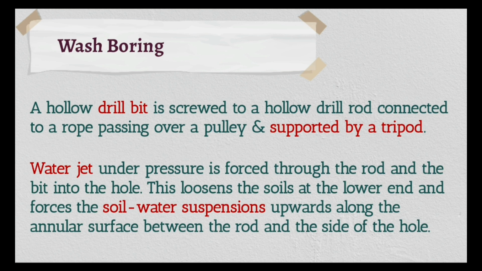As the name indicates, a water jet under pressure is forced through the rod and the bit into the hole. This loosens the soil at the lower end and forces the soil and water suspension upward along the annular surface, that is the gap between the rod and the side of the hole.